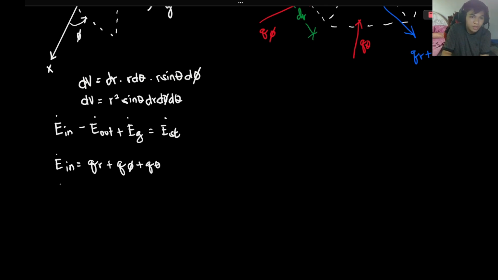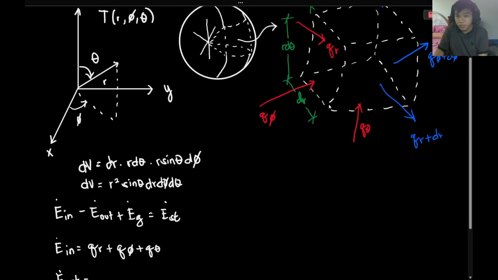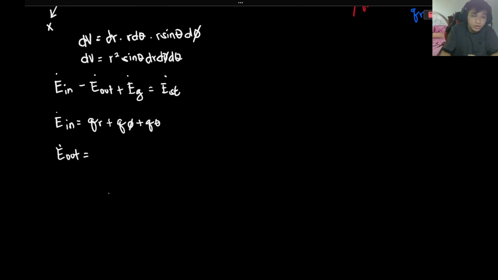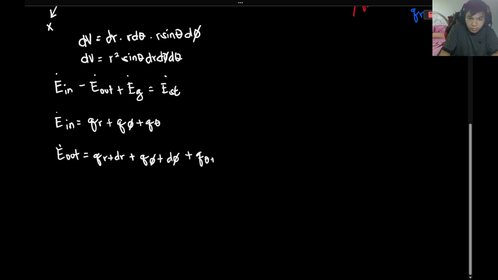For our E out, it would just be the ones highlighted in blue. So that would be Q_(r+dr) plus Q_(phi+dphi) plus Q_(theta+dtheta).